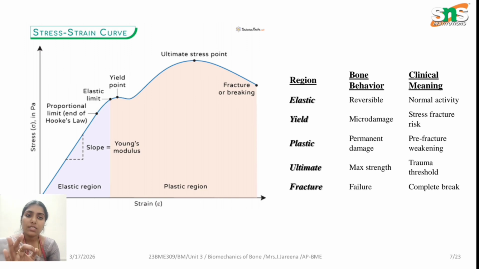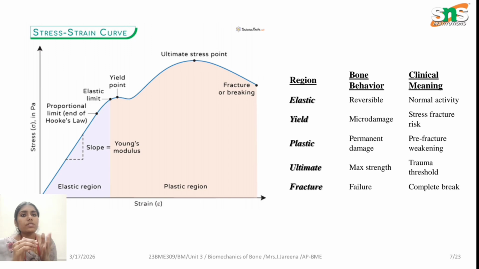Strain is the deformation produced by the stress we applied, that is the change in length. This happens whatever stress we give in any sort of bone, tissue or material. Again, it depends on what the material is made of.